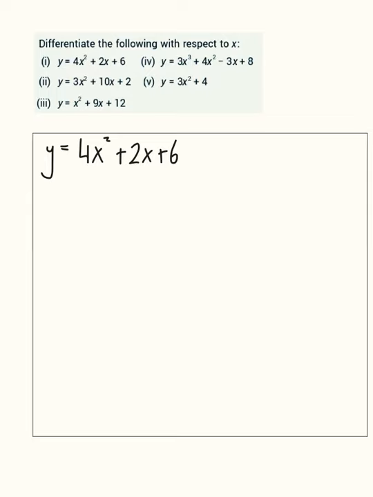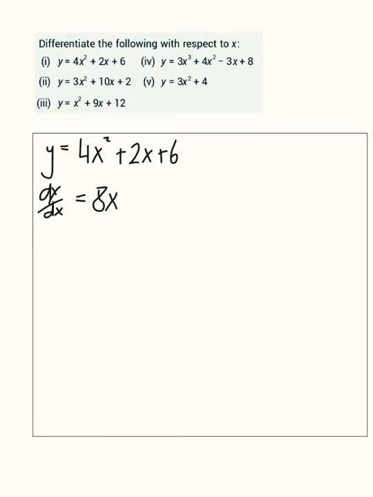Since it's y and x in the function, I'm going to use the notation dy dx equals. Again, I take the power and I multiply it by what's in front of my x. So my power is 2, so I'm going to say 2 times 4 is 8x, and minus 1 from that power, 2 minus 1 is 1.